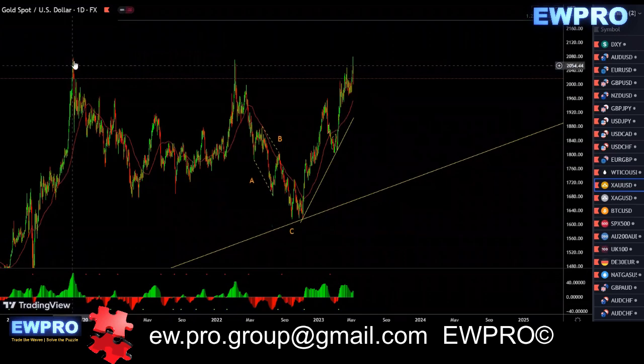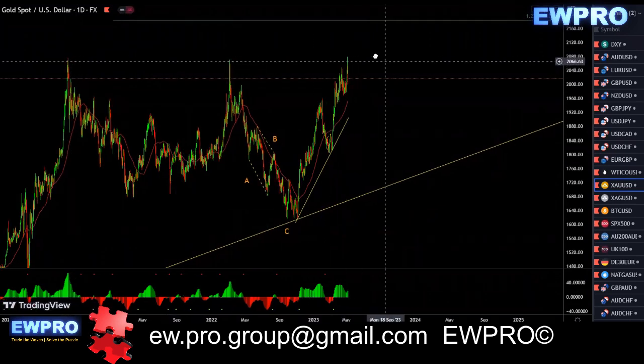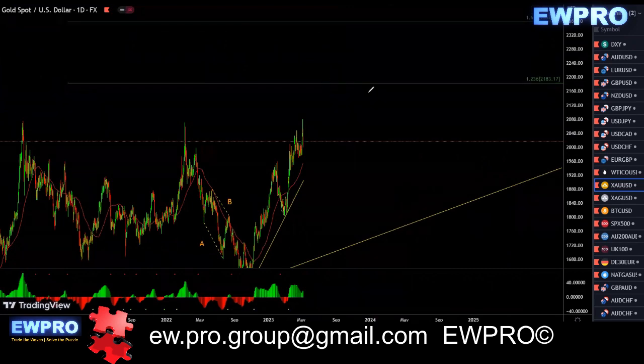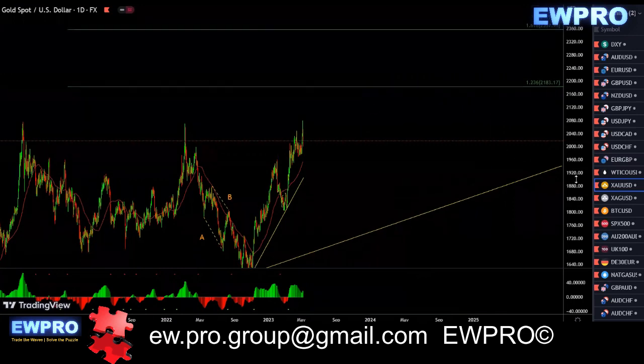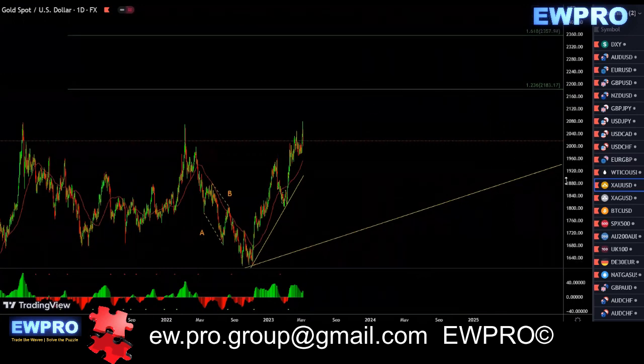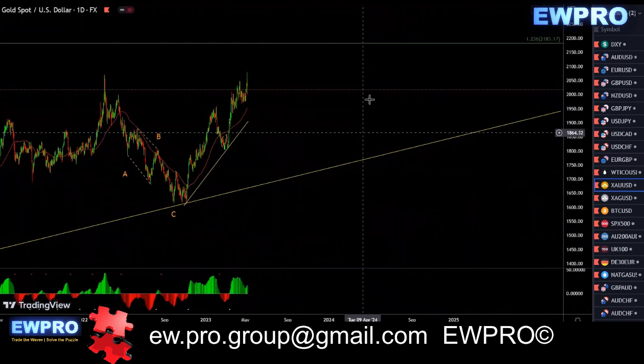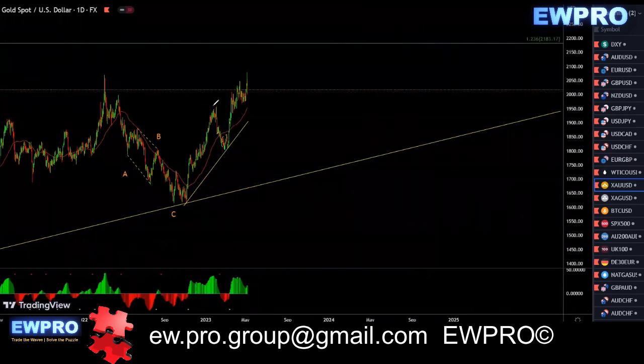So we have broken that top, which is great. I am looking for it to possibly get up to this 123.6 and the 161.8. On the daily here, we've got this sharp move down in here, which is making it quite difficult.